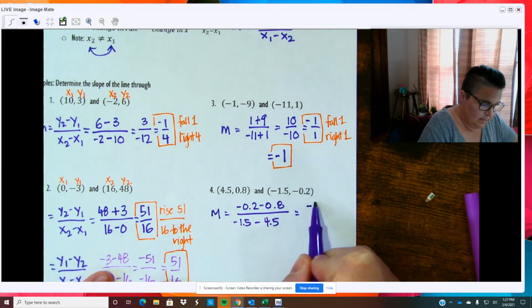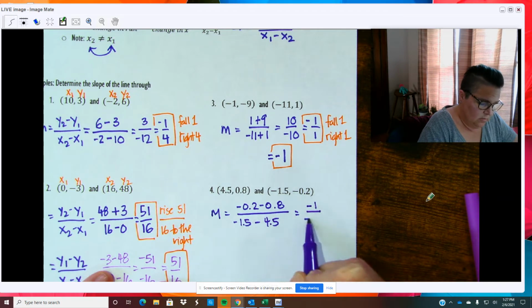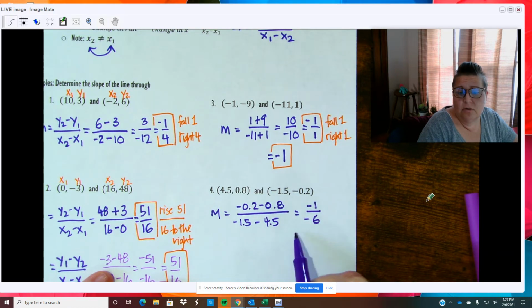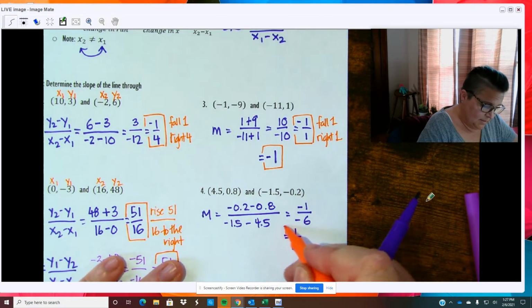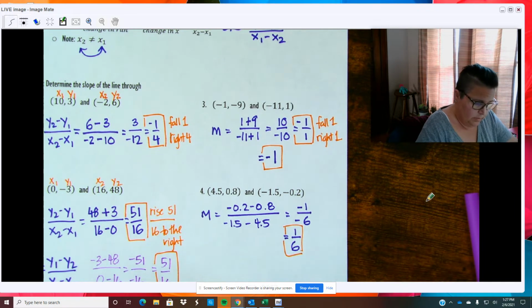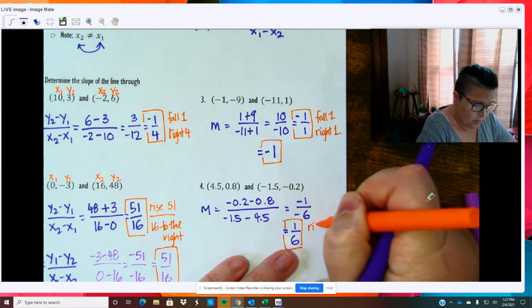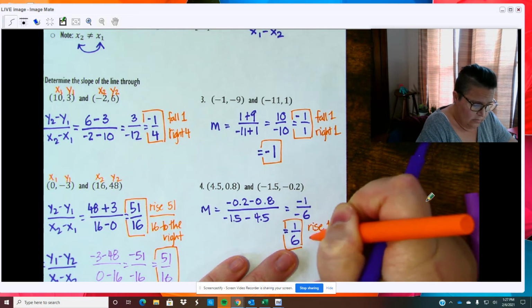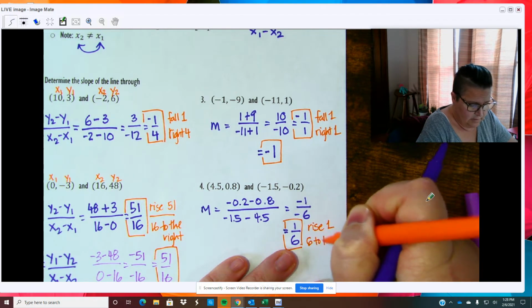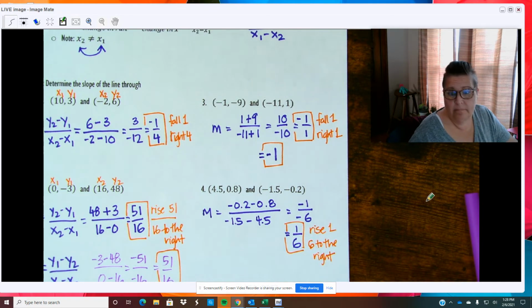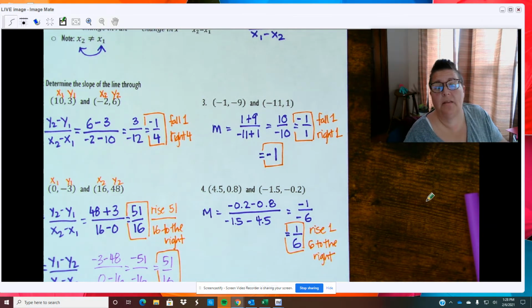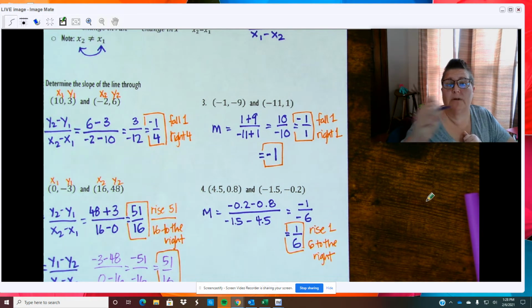That's going to give me a negative 1 over negative 6, which will reduce to be 1/6. What does this mean in terms of my slope? It means my slope will rise 1 for every 6 to the right. That's the way my slope is going to move. We're going to rise 1 and go 6 to the right.